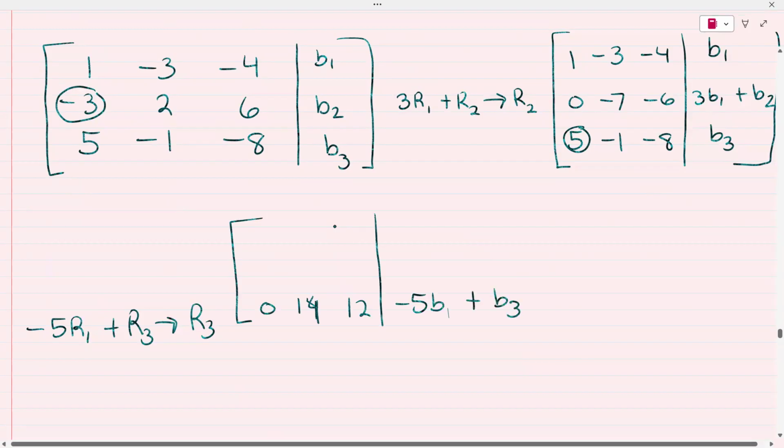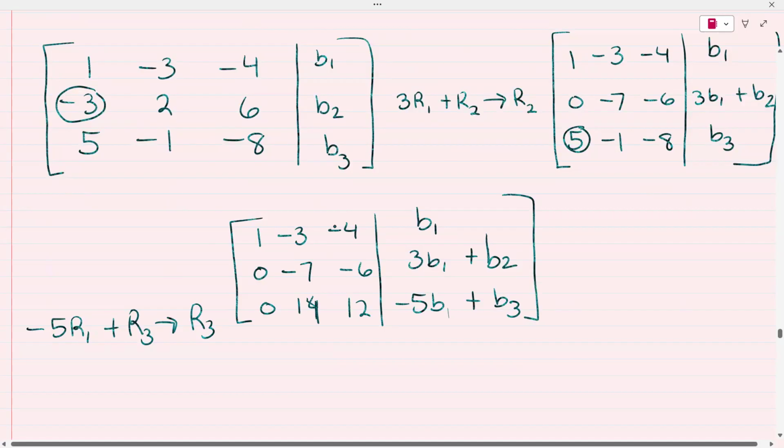And over here you get 0, -7, -6. You have 3b1 plus b2. And you have 1, -3, -4, and then you have b1.